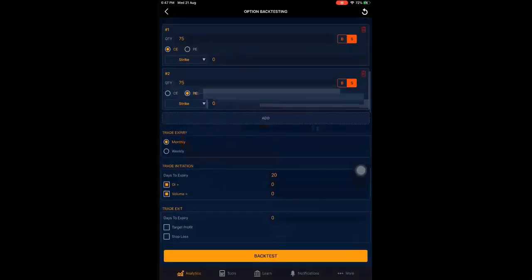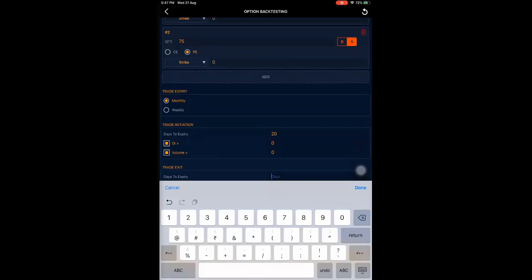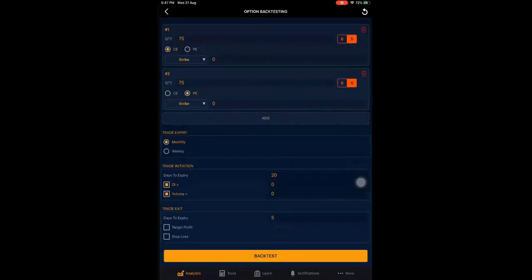Now what does it mean? Date to expiry: trade initiation 20 days before expiry, I am initiating it. Trade exit 0 means I'm holding the strategy till expiry date. If you say 5 instead of 0, it means you are exiting the strategy 5 days before expiry.